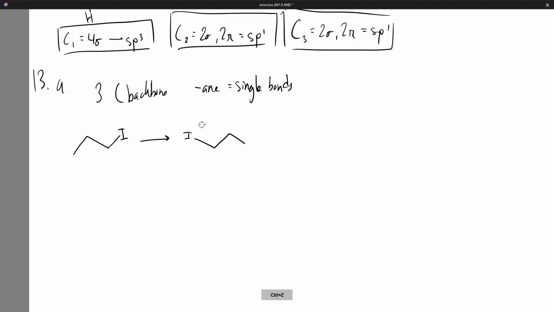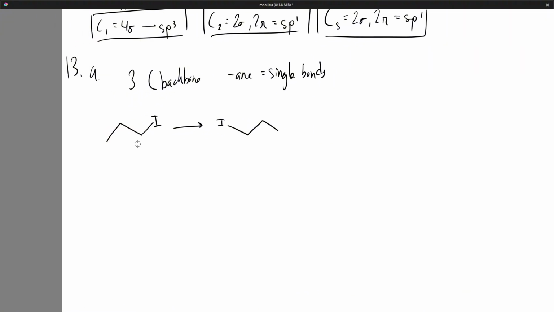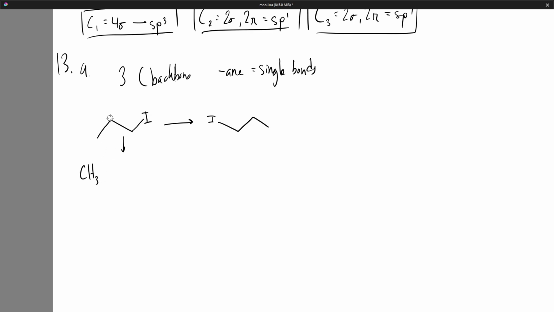See, this could be treated as the first branch, or this could be the first branch. It's all the same. So let's write this as a formula. So this little point is a CH3. This is CH2. And a CH2 as well. And the I right here.